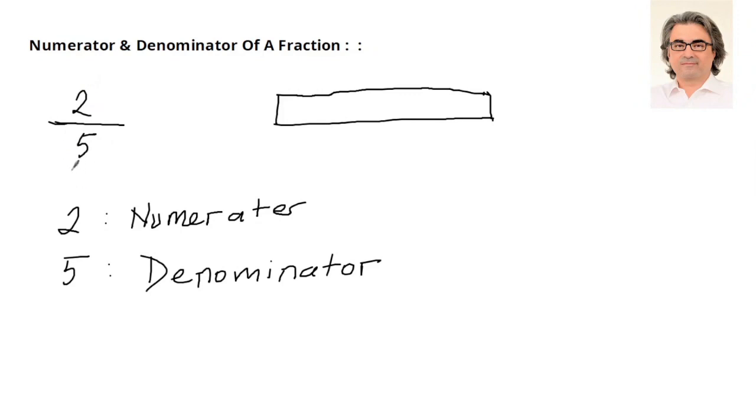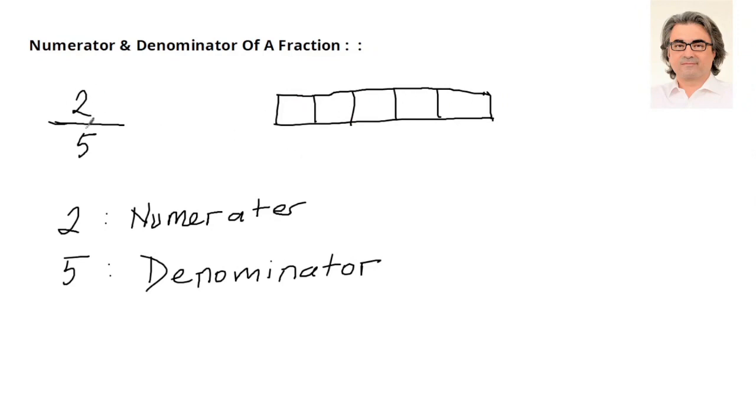What's the meaning of 5? 5 defines the number of equal pieces of the whole. So for this figure, I divided this whole into 5 equal pieces. 1, 2, 3, 4. I have now 5 equal pieces.